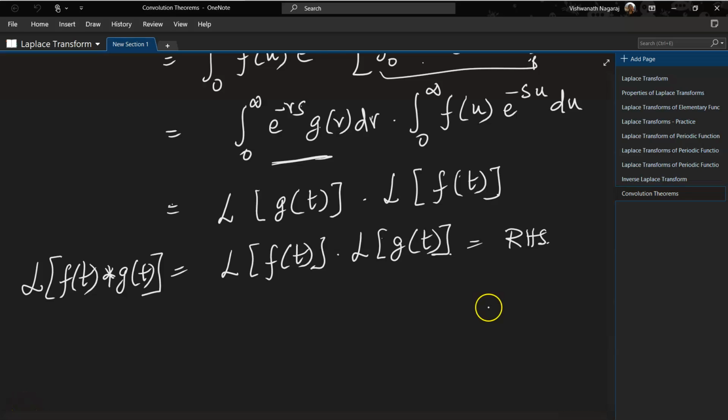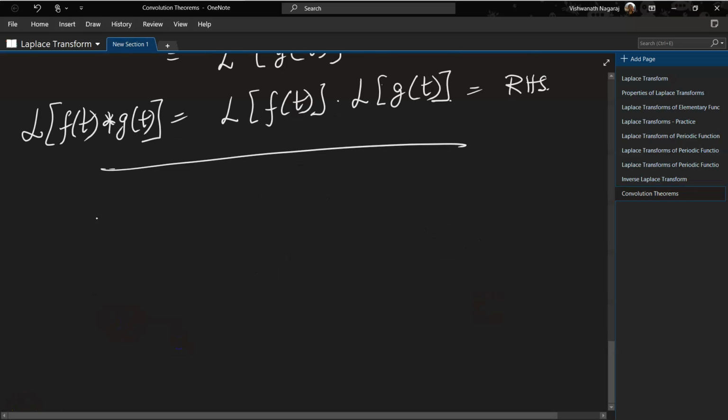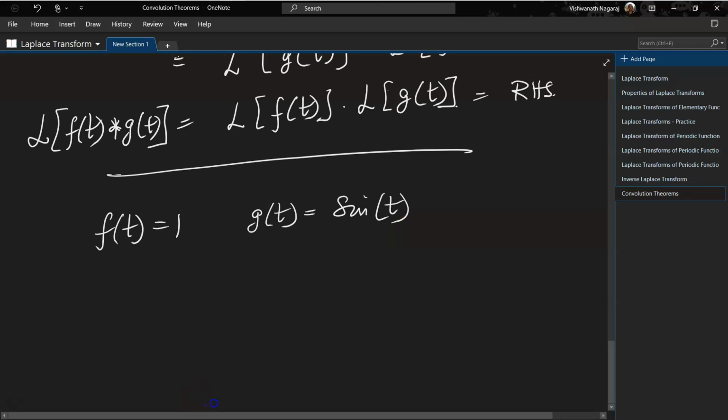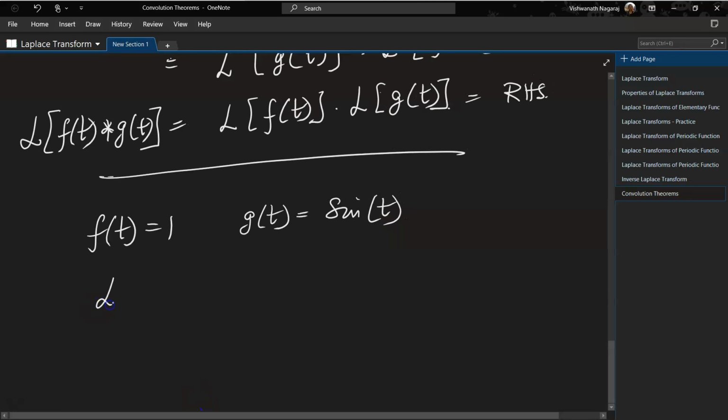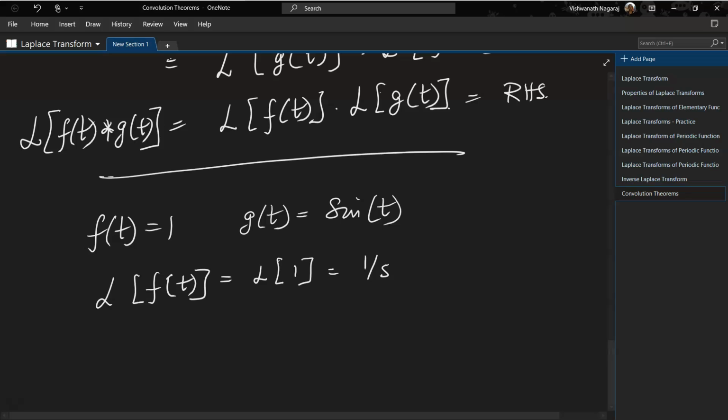Now let's verify this. Okay, so to verify, let's take an example. Let us say f of t is equal to 1 and g of t is equal to sine of t, right? So Laplace transform of f of t is the Laplace transform of 1, which is equal to 1 by s. Now remember, you need to have a table of Laplace transforms.